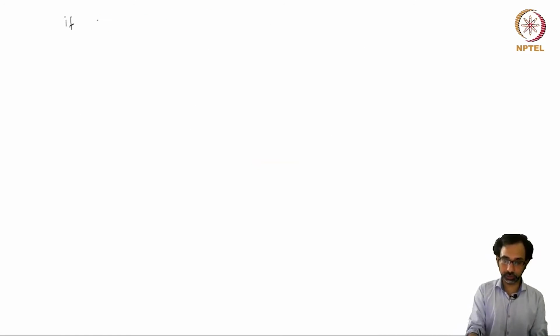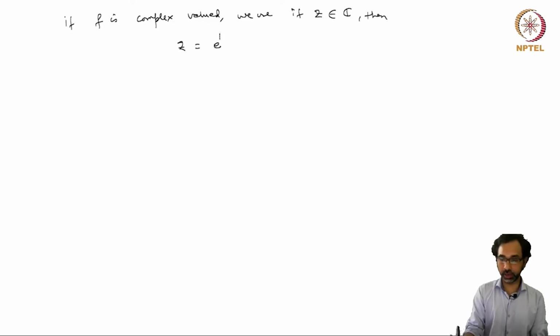Now if f is complex valued, we use that if z is a complex number, then z can be written as e to the i theta times the modulus of z for some real number theta.